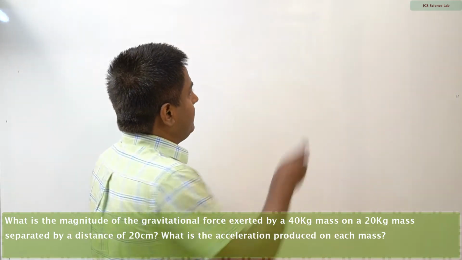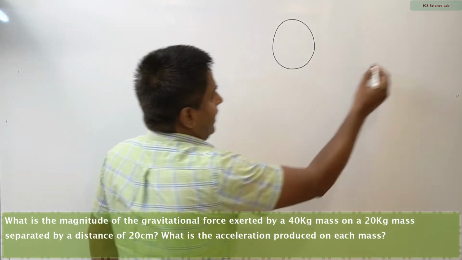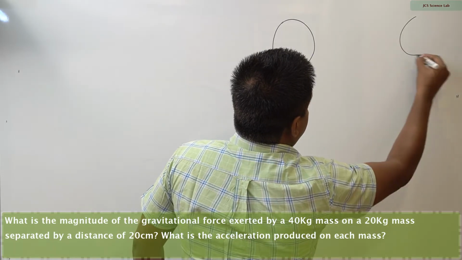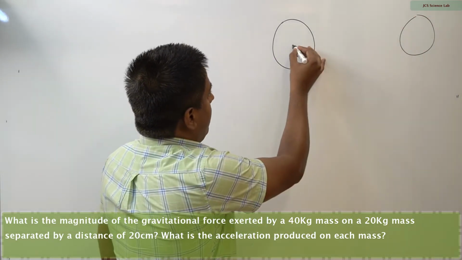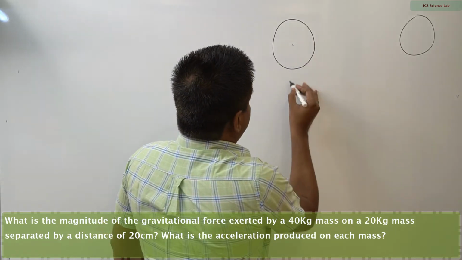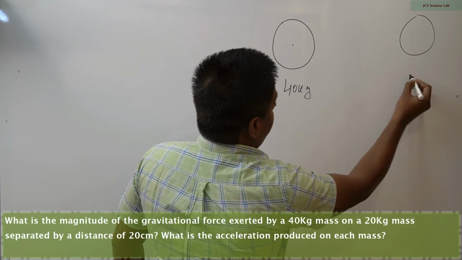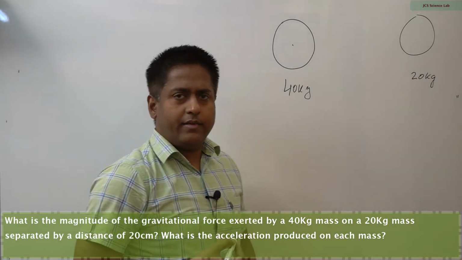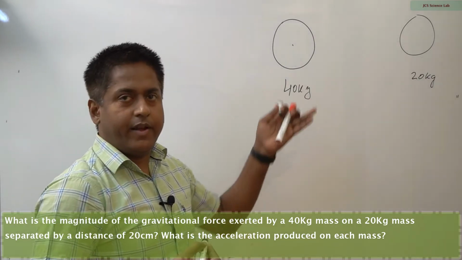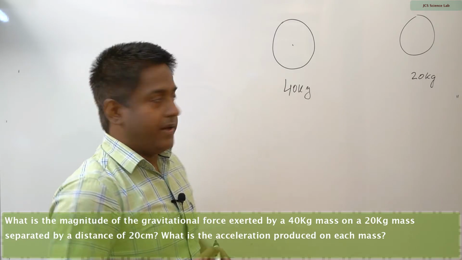Here I consider two objects. These are the two objects, right? And the mass of one is 40 kg and the mass of another is 20 kg. You can assume any mass: 15 kg, 25 kg, 50 kg, 100 kg, anything is possible.